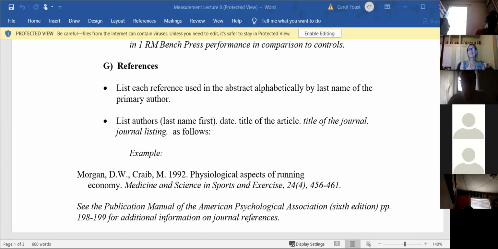But when you cite in the report, you're going to use author's last name, year. And if you do a direct quote, which you shouldn't do too many of since this is just a research report, you would have to have the page number too.